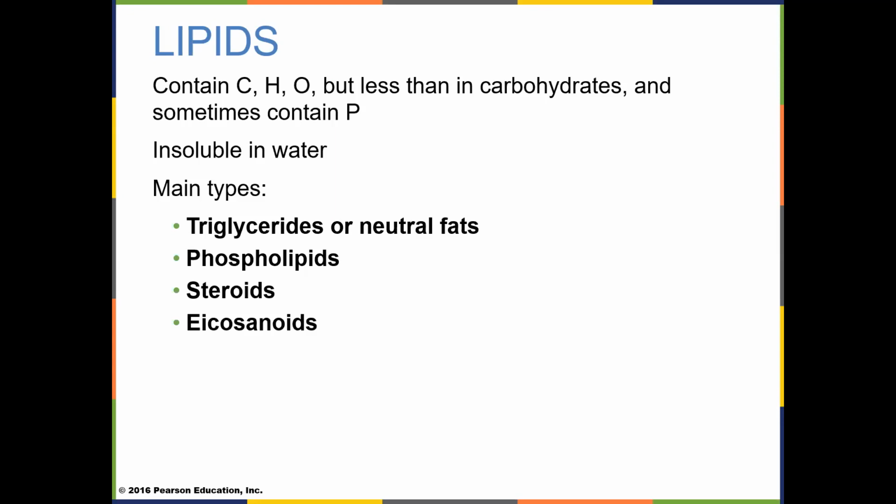Now, if you are a fat, you come in 4 categories. The neutral fats, the triglycerides, a term you may have heard. The neutral fats or triglycerides are the most common type of fat, of lipid. When I say fat, I mean lipid. So, the phospholipids are what shows up in our cell membranes.